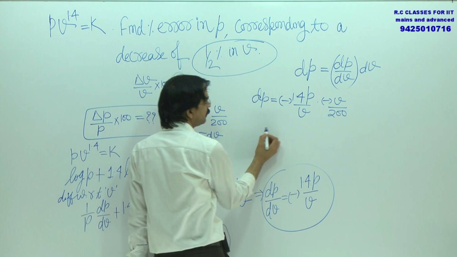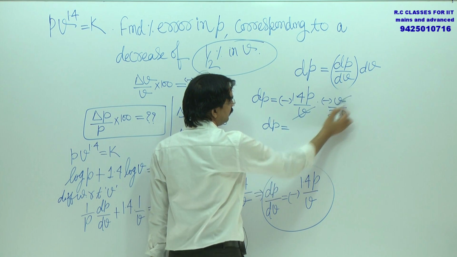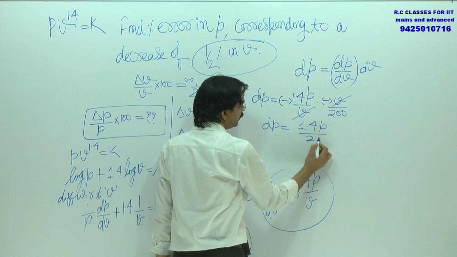So it is becoming, dP is coming as, V is getting cancelled there, 1.4 P by 200.